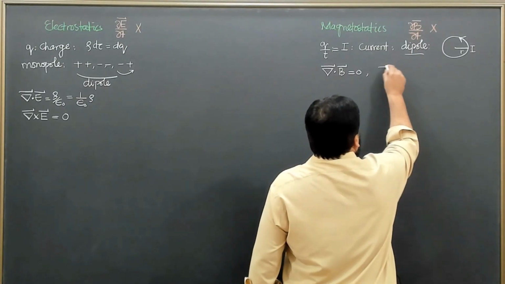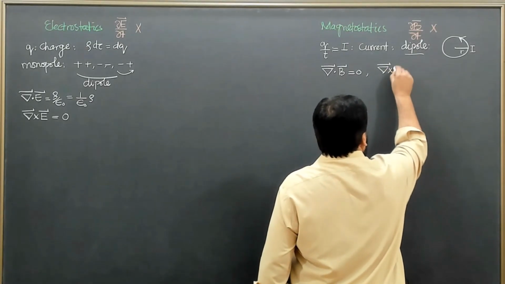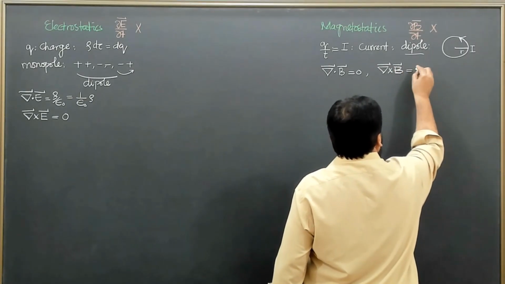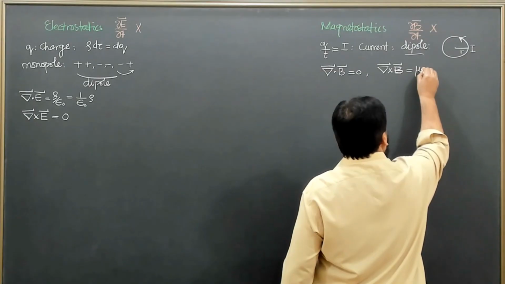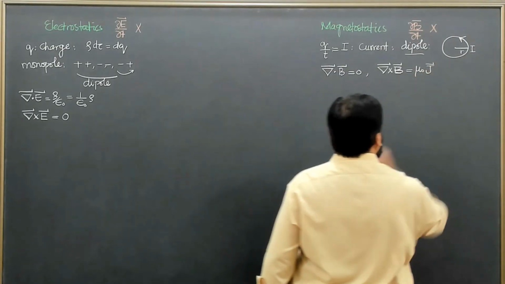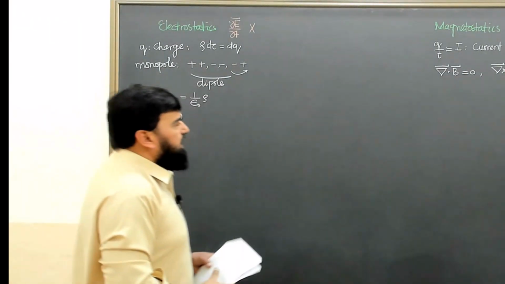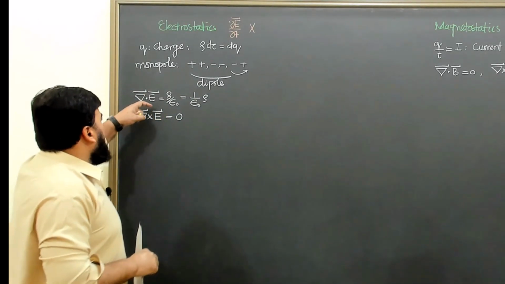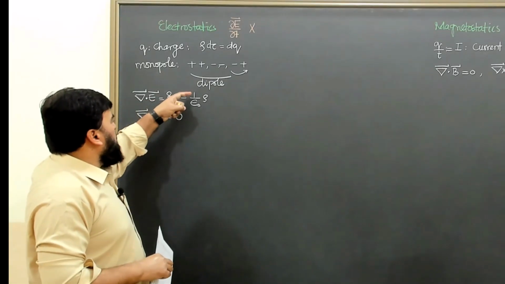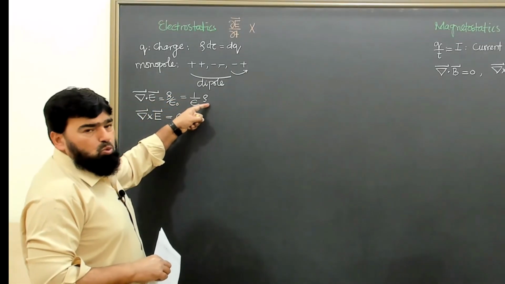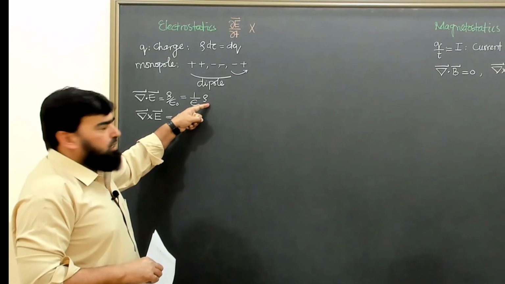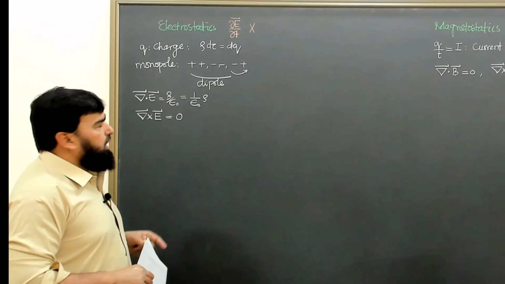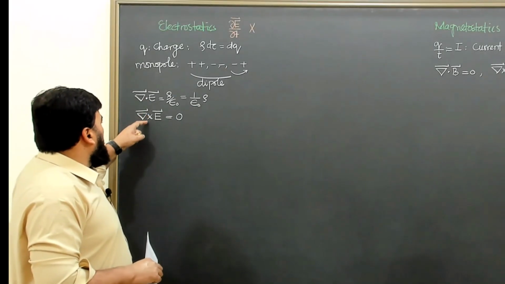And further, this says that del cross B, the curl of the magnetic field, equals mu naught J. Now look at the similarities here. Divergence of E is 1 over epsilon naught times rho, the source, the volume charge distribution, and the curl is 0.